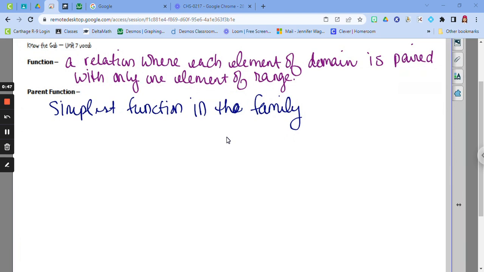There are 9 different functions we're going to be working with in this unit. When we are finished with that, you will be able to rapidly sketch them.